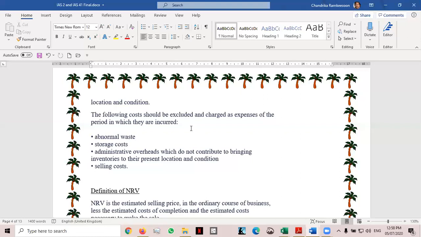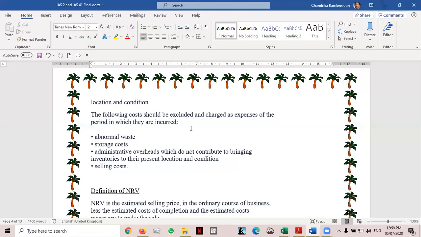So admin overheads is easy to understand in terms of why it should not be included as part of the production cost. Selling costs should be obvious as well. Storage costs is also disallowed as part of the inventory valuation, and so is any above normal waste.